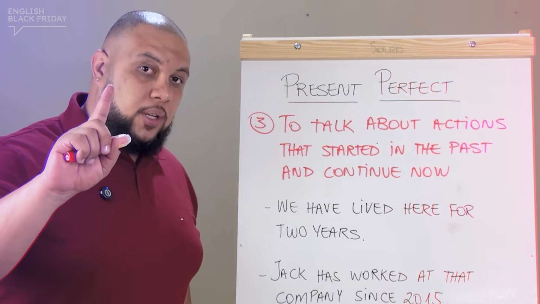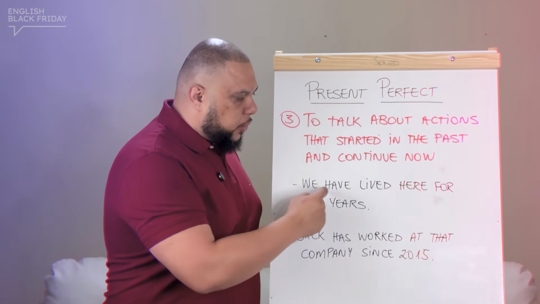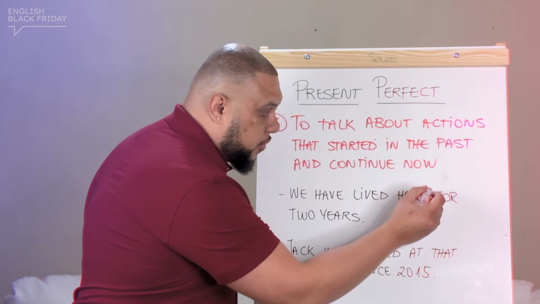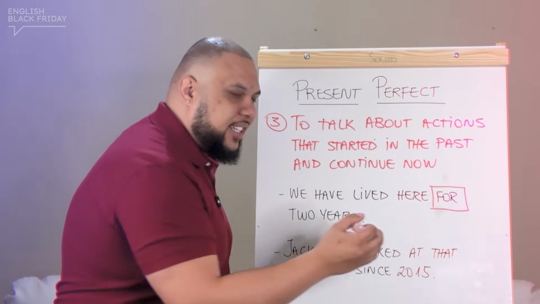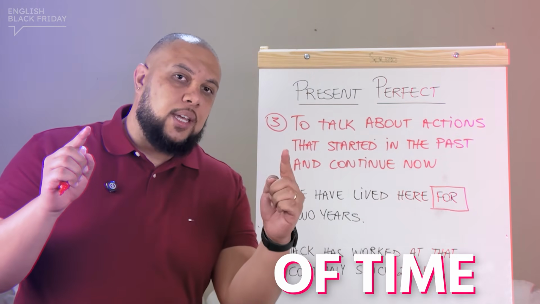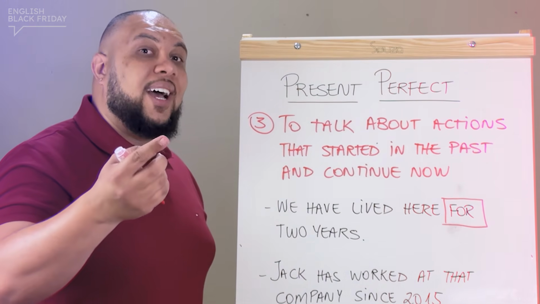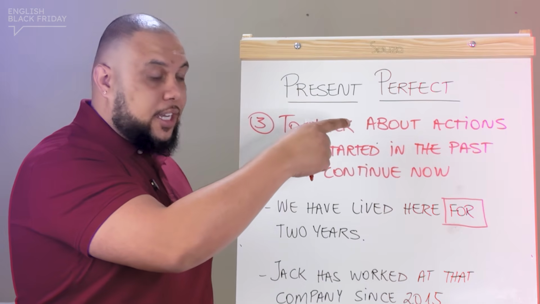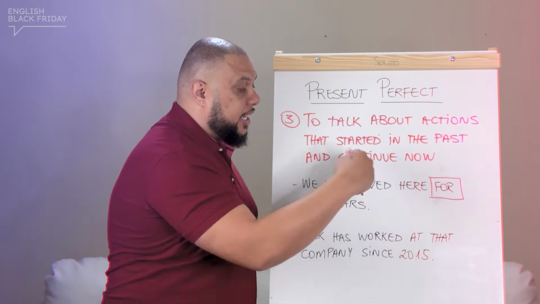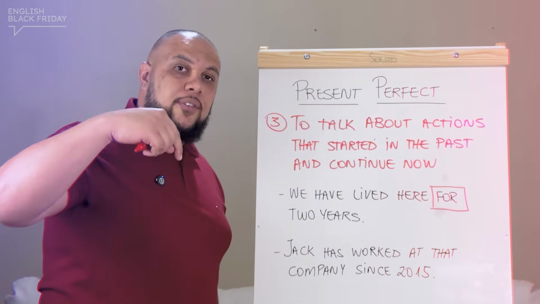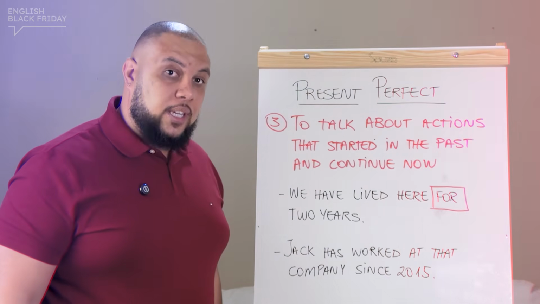One thing that's very important here is we know that we have lived is something that started in the past, but when we use the word for, it indicates the period of time that I have lived here. So for 2 years, that means I started living here 2 years ago, and I still live here right now. So I have lived here for 2 years.